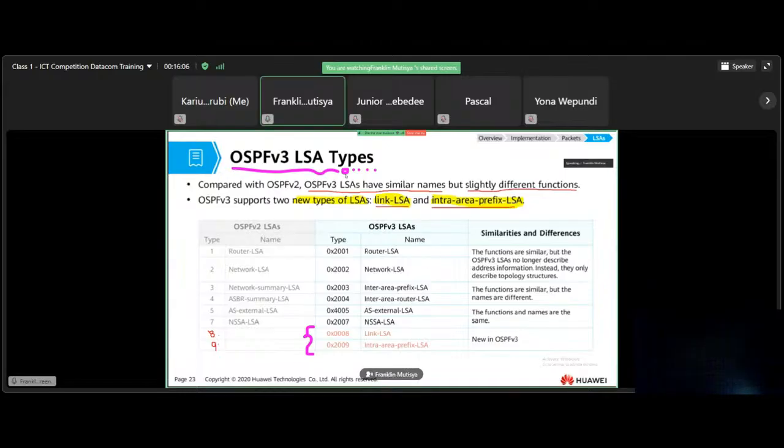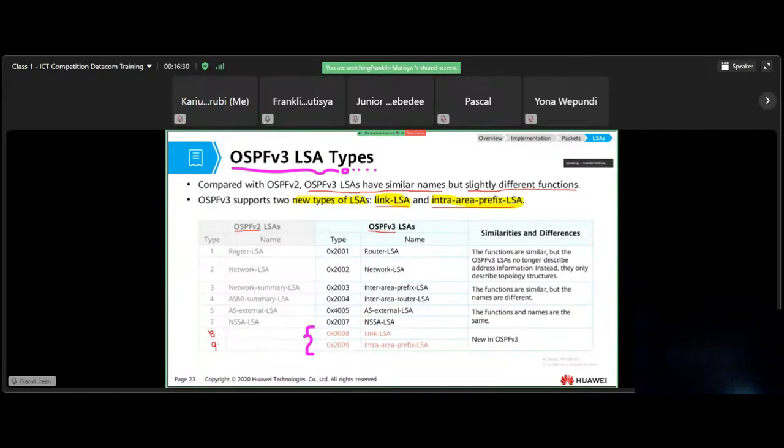So we have the router LSA and network LSA. This is for OSPF version 2, and we're going to relate the LSAs in OSPF version 2 with the LSAs in OSPF version 3. Router LSA and network LSA function similarly in the two OSPF versions.